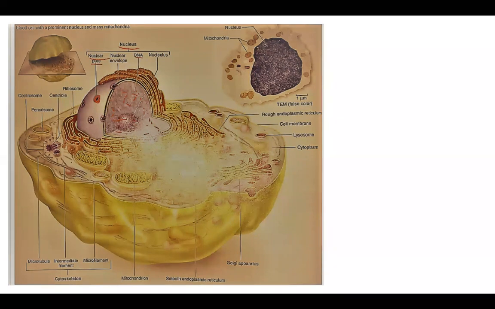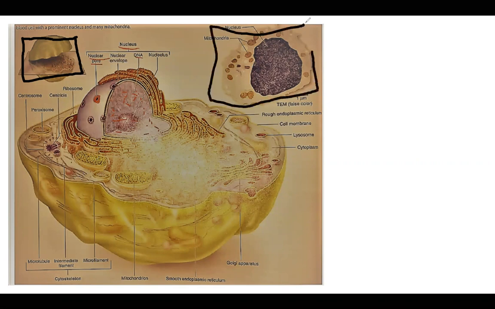Right here we have a pretty complex drawing of a eukaryotic animal cell, and over here we have a eukaryotic animal cell split in half, which we can see from a bird's eye view. Now we'll be looking more deeply into it over here.